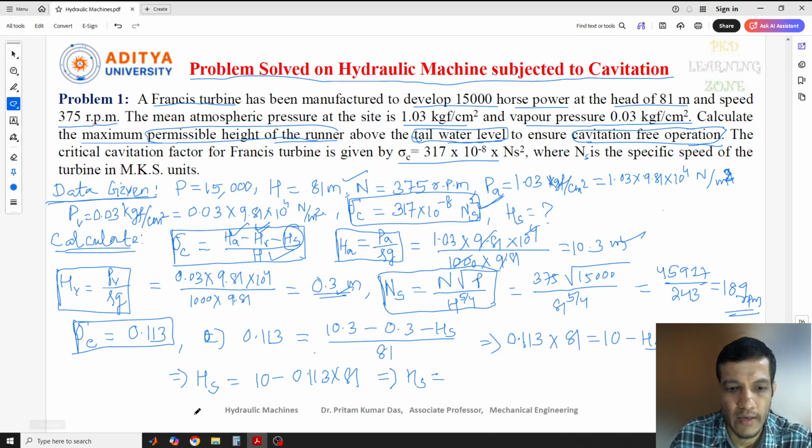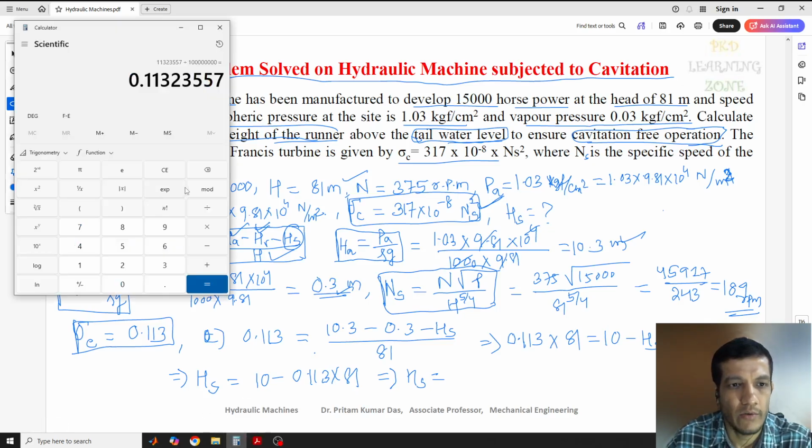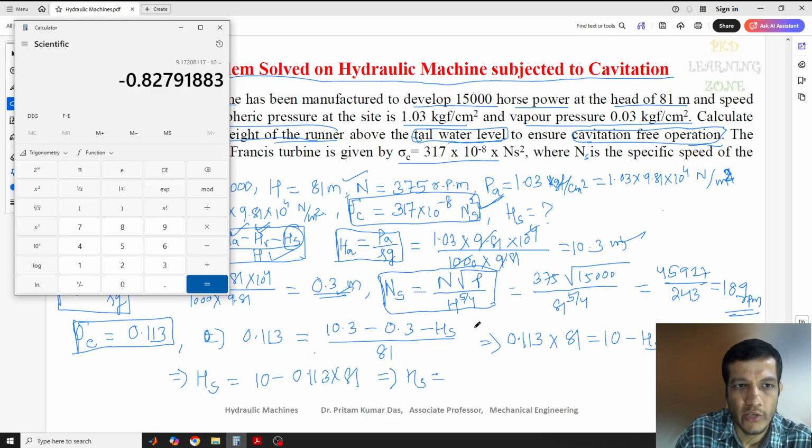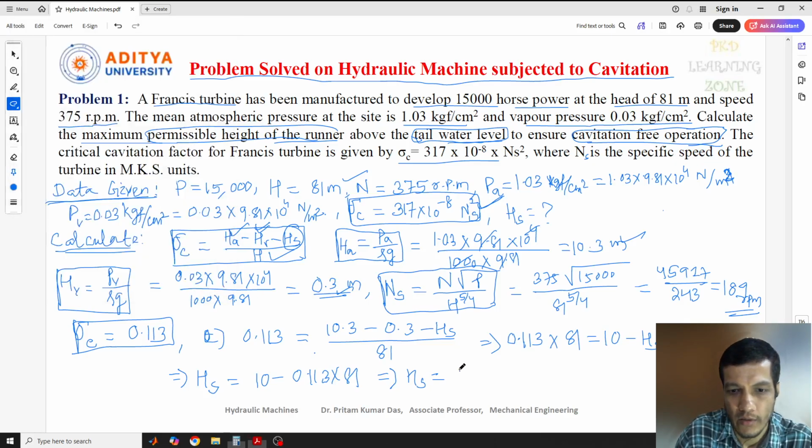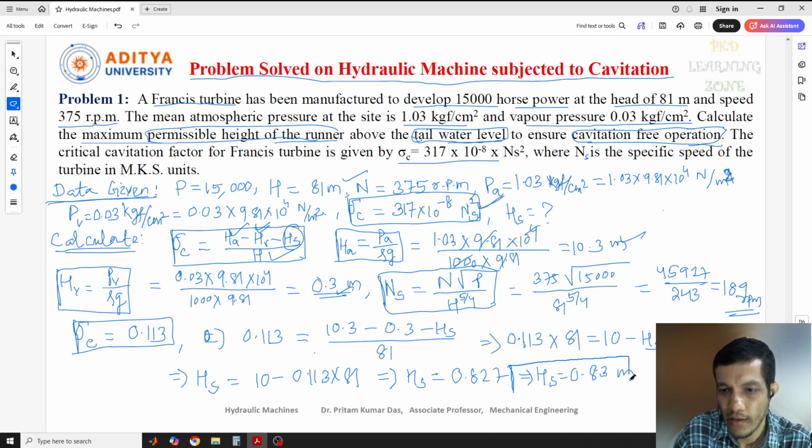HS equal to 0.827, or we can write HS equal to 0.83 meter. So this is our answer.